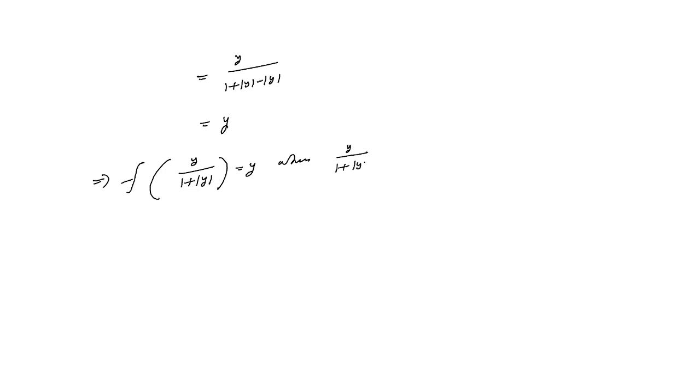So again, from the simple calculation, what we can write, that will be y by 1 plus mod y minus mod y. So that means it will be y. So what we get here, f of y by 1 plus mod y is basically y, where y by 1 plus mod y belongs to the open interval minus 1, 1. That means S. So that implies y by 1 plus mod y belongs to S is a preimage of y.